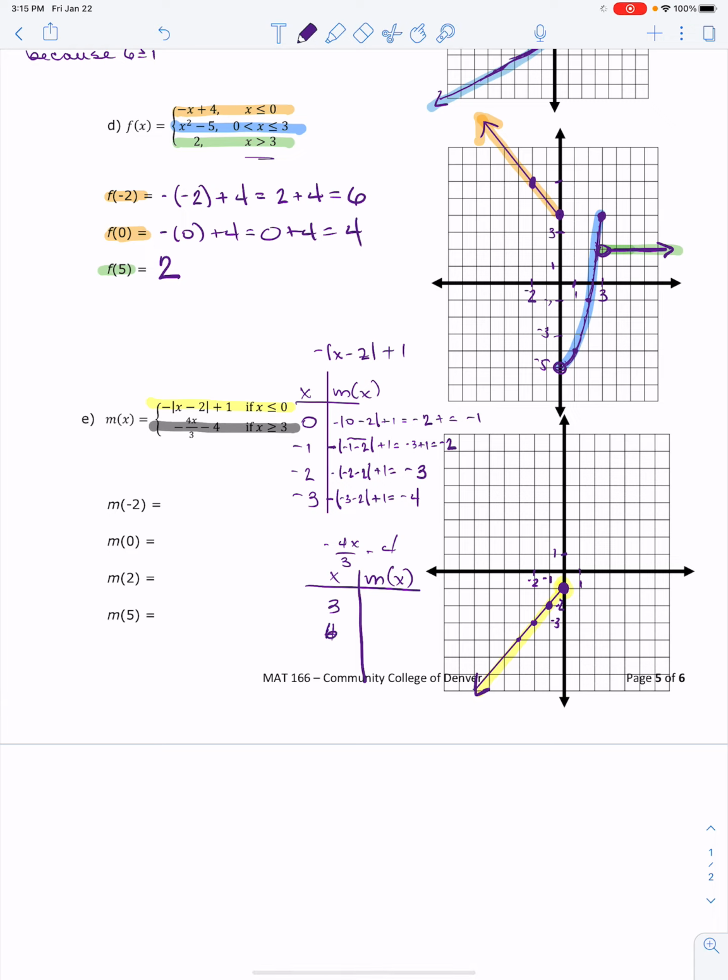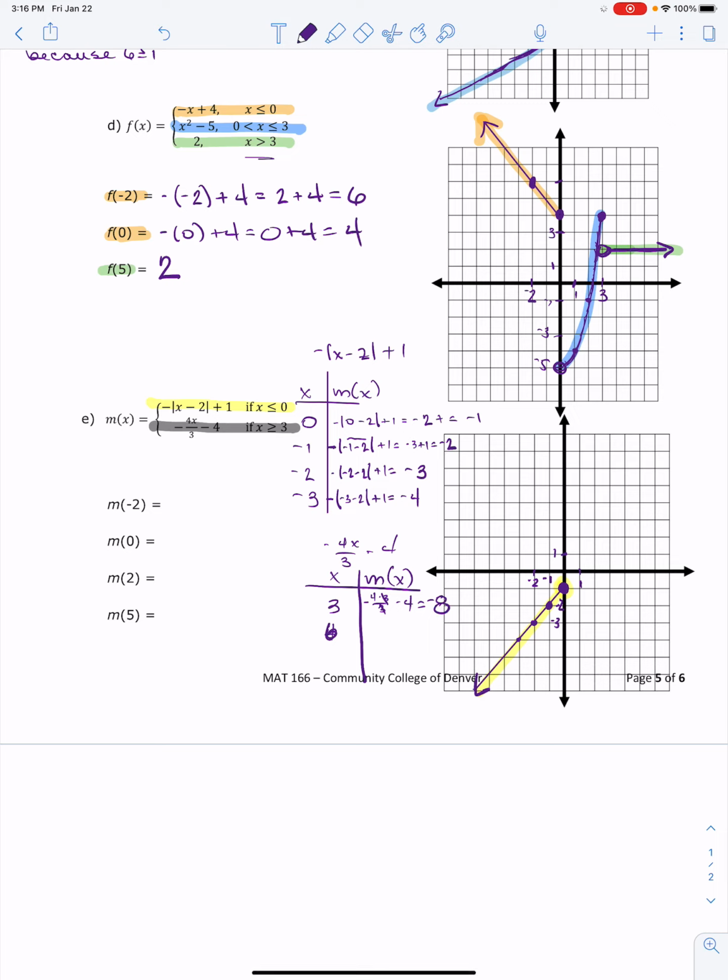Let's go 3, 6. 1, 2, 3, 4, 5, 6. Yeah. 3 and 6, and we're going to hope I don't make a mistake. We'll go from there. So I got negative 4 times 3 over 3 minus 4. The 3's cancel. Negative 4 minus 4 is negative 8.